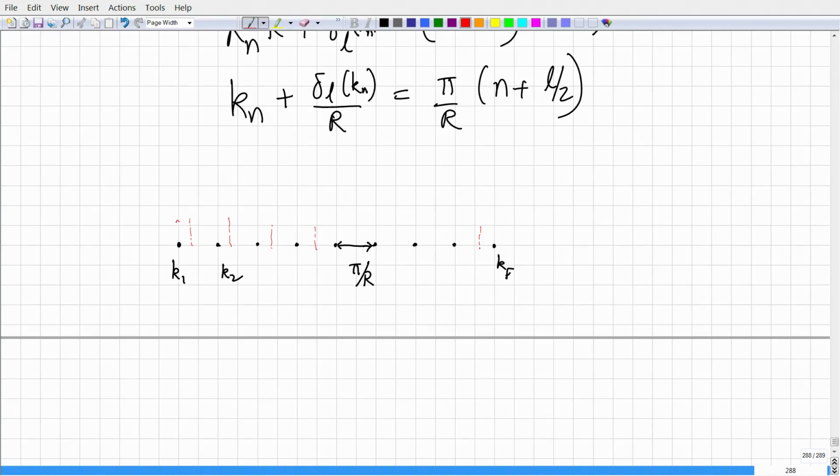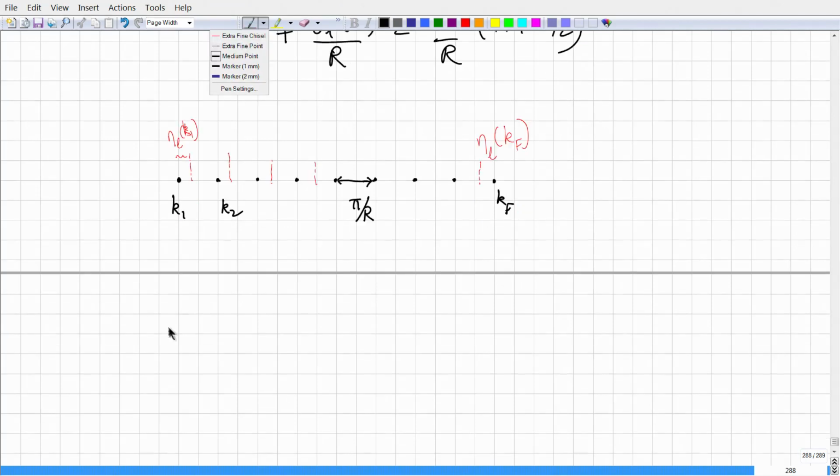So, this one is eta L1 and this is eta L Kf.